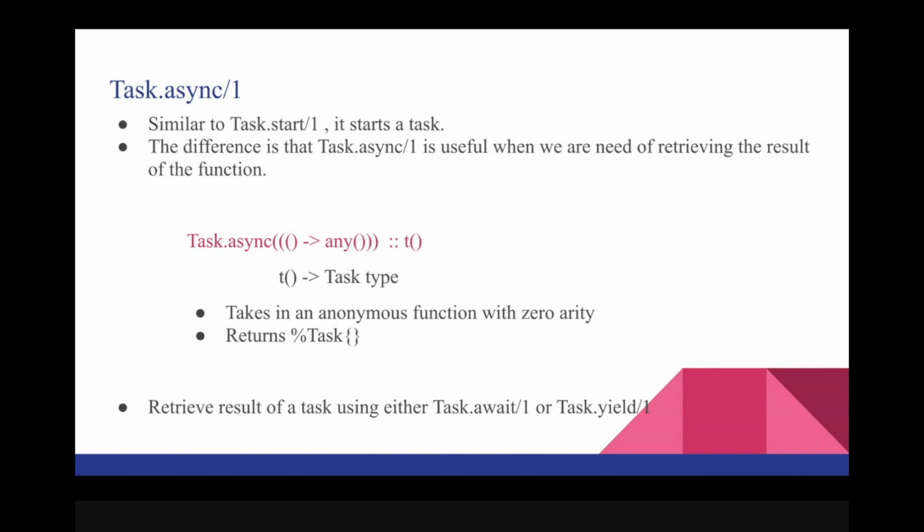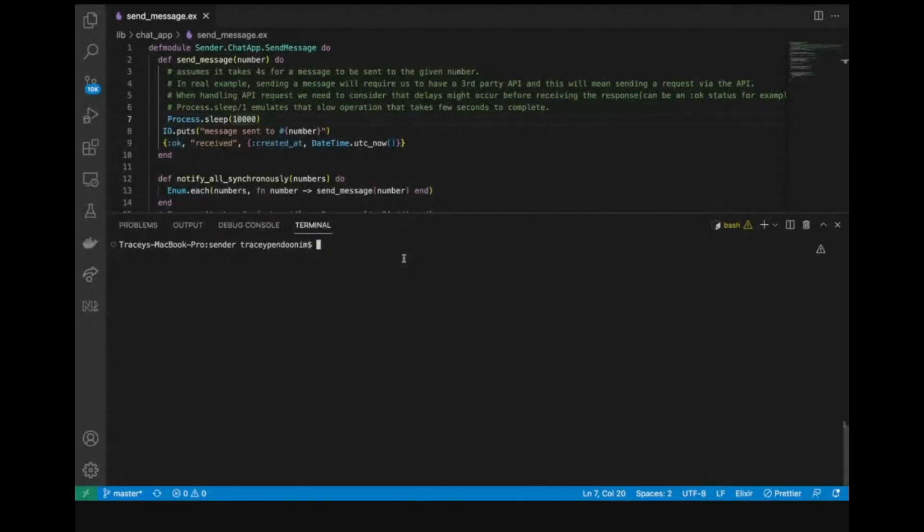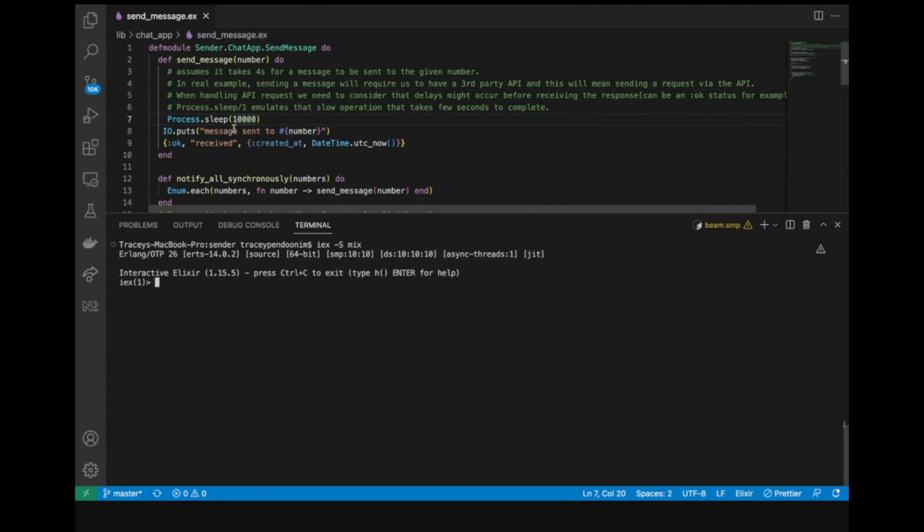So let's see an example of this. I'm going to the code editor to demonstrate how Task.async works. First I need to start the interactive shell. I already have a project that I demonstrated in the first series.